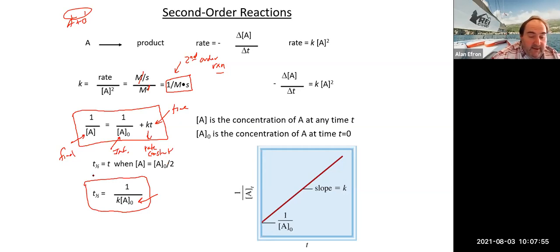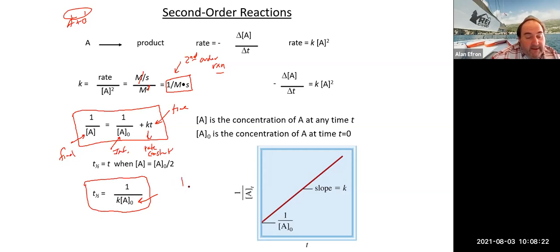If you think about it, a larger number on the bottom is going to give you a smaller half-life than a smaller number on the bottom. Just dividing wise, bigger number, smaller half-life; smaller number, longer half-life. So it is affected by the concentration.